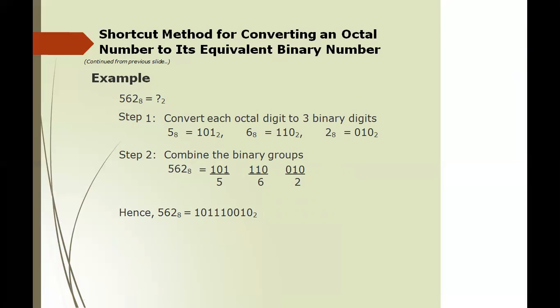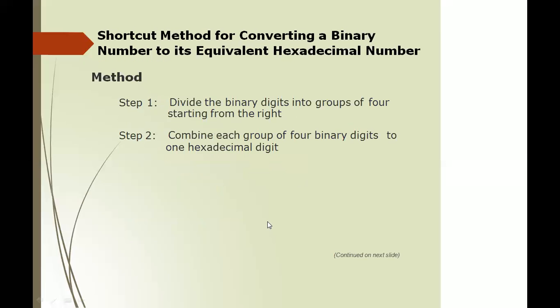After converting these, we can write the value in the binary number system. Here the shortcut is to convert each digit, that is 2, 6 and 5, into 3-bit binary digits, and then write all these digits in order, and then we can get the number in the binary number system.